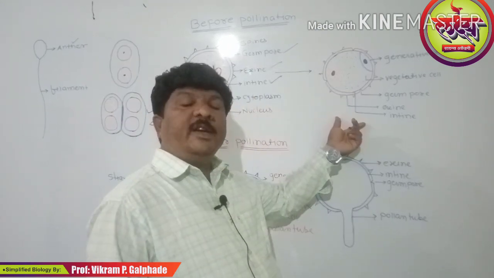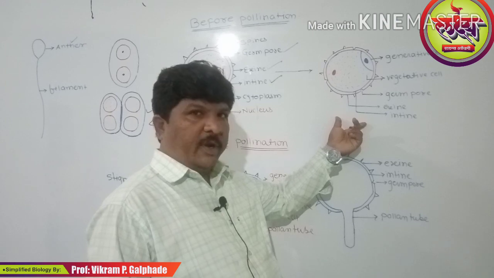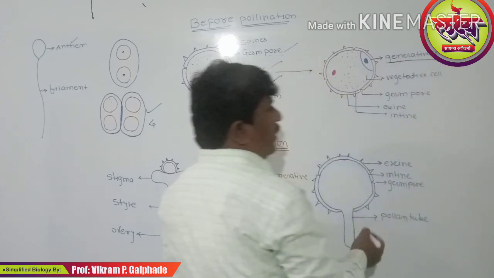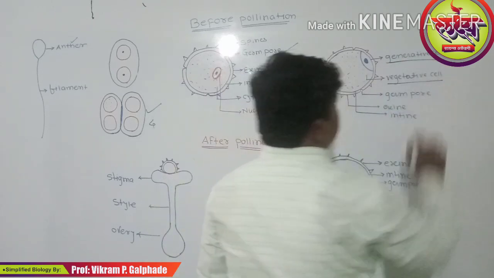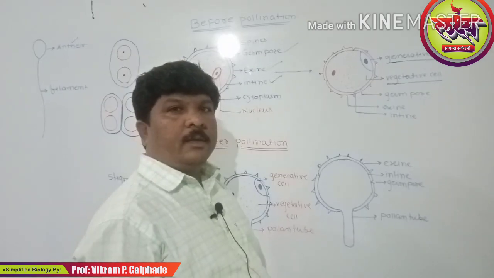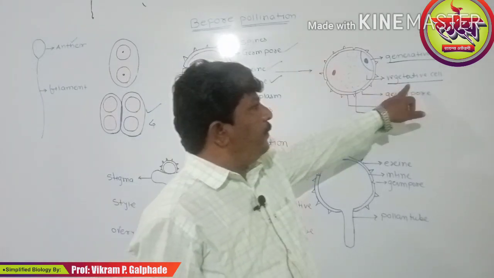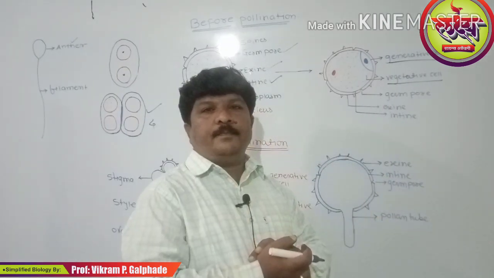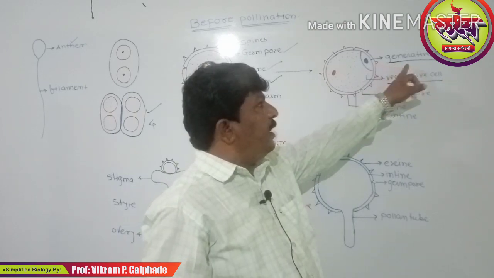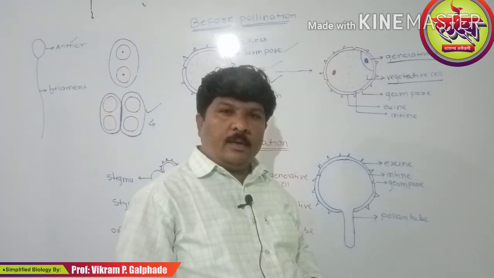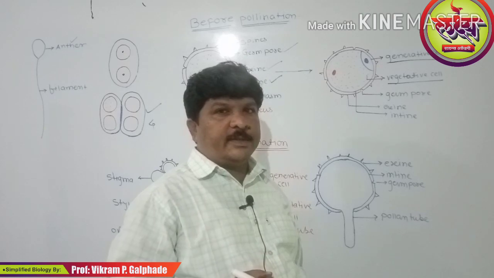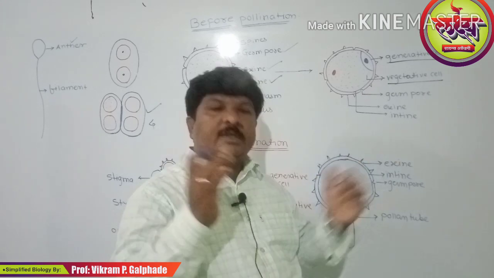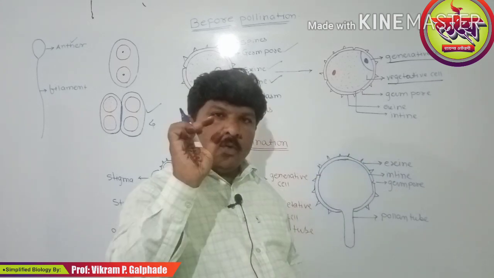This is the two-celled stage of the pollen grain: the generative cell and the vegetative cell. The vegetative cell and generative cell have differences. The generative cell is small but has a large nucleus, and the vegetative cell looks large but has a small nucleus.